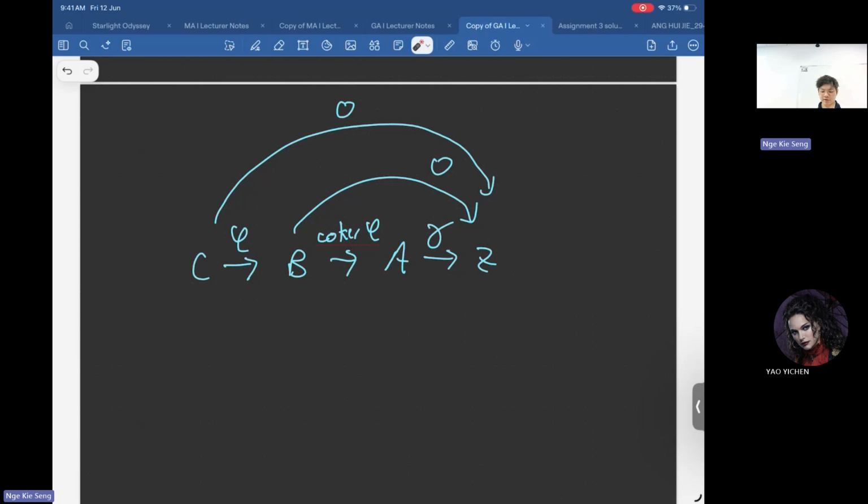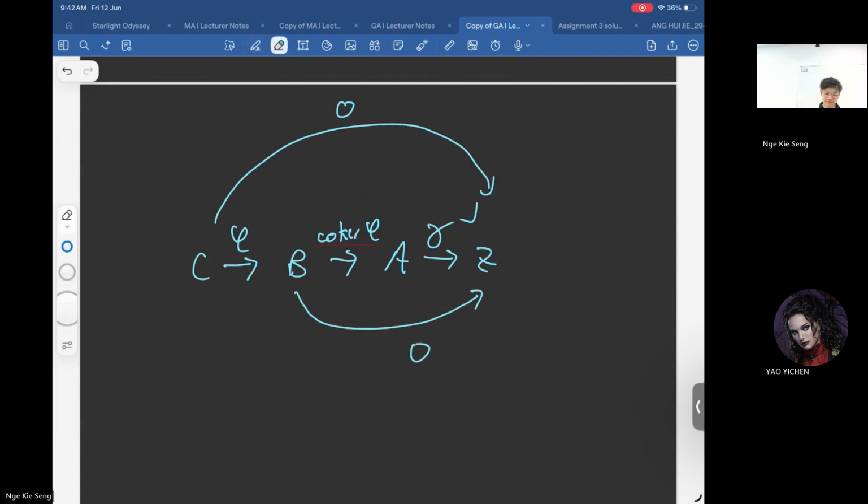Maybe I draw this 0 downstairs. The factorization happens when you go out from the co-kernel, which is B to A, so there should be a factorization here.